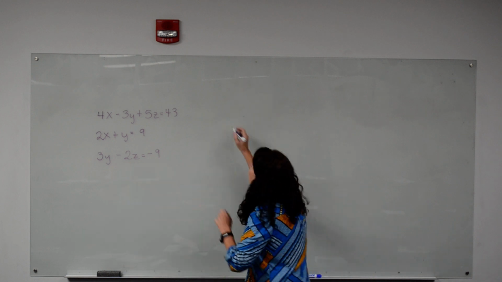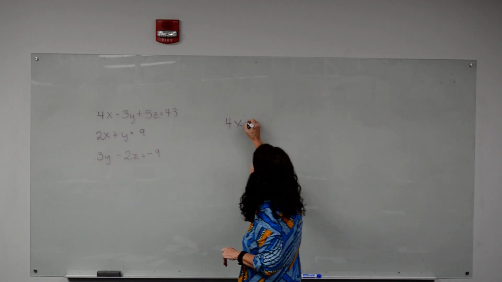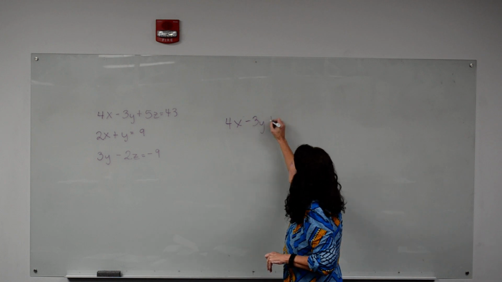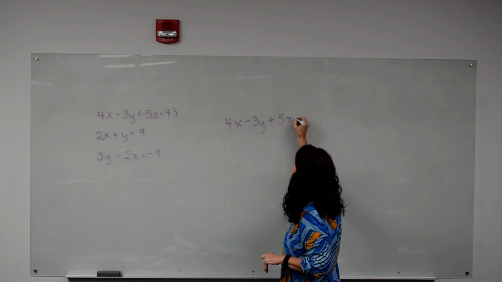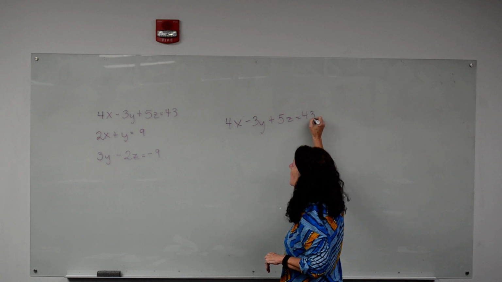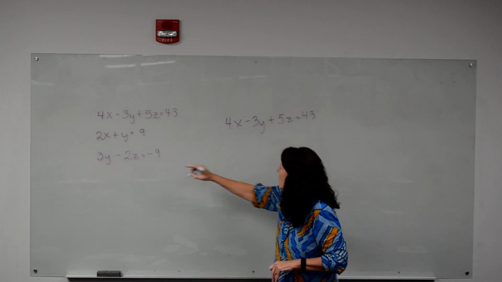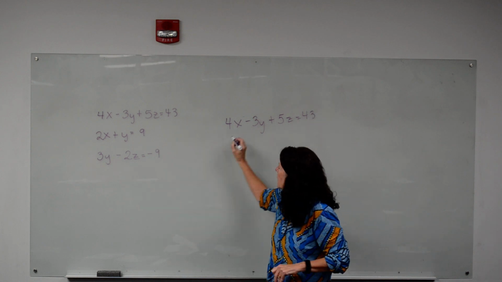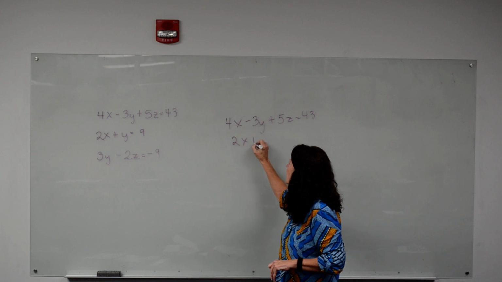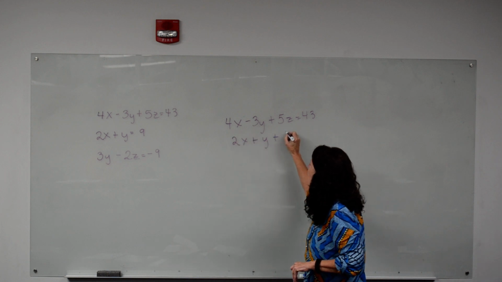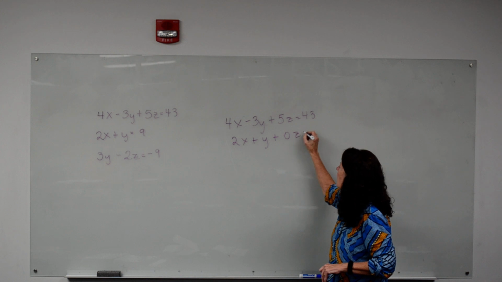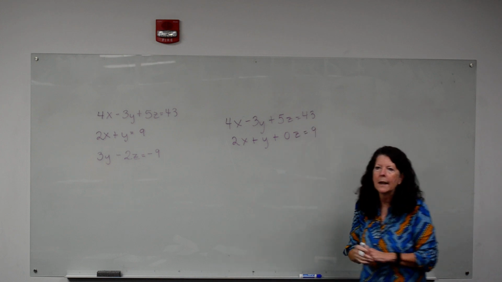So I've got 4x minus 3y plus 5z equals 43. These two, I don't have a z, so I'm going to go 2x plus y plus 0z equals 9.